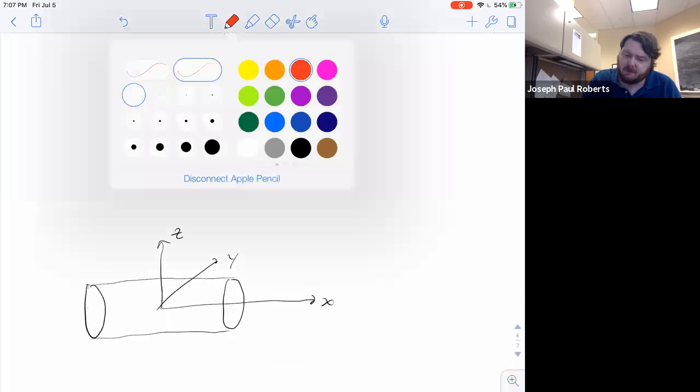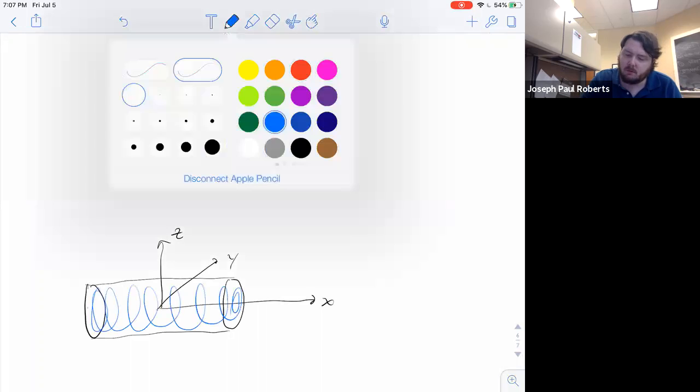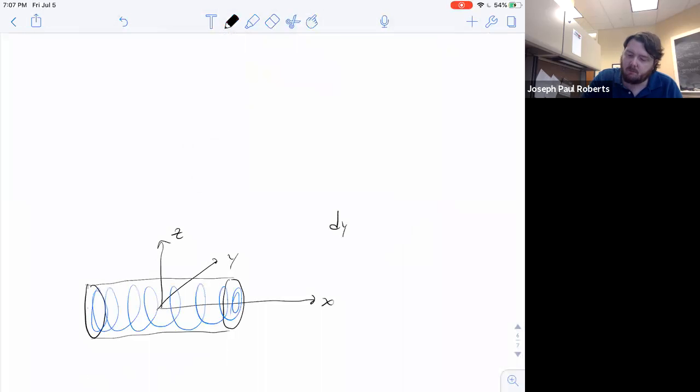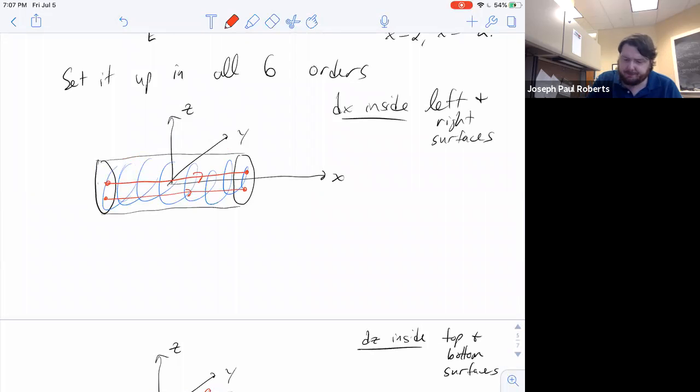And then finally, for dy on the inside, from this perspective, you'd be thinking back and front surfaces. So the back and the front surfaces. And so we see that the left and right are the planes that we're given.